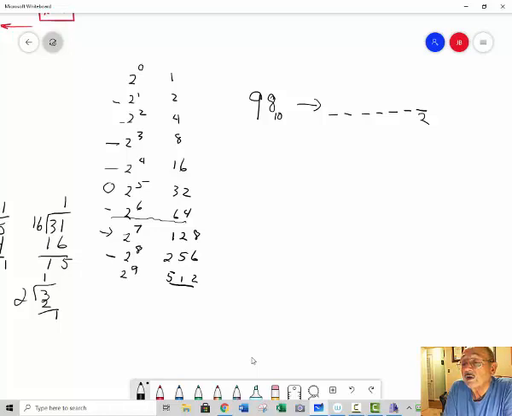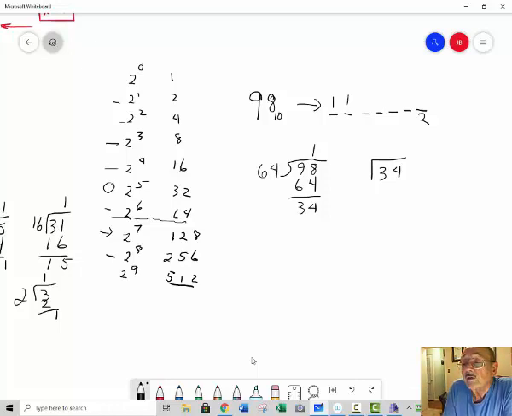Alright, so now the question is how many times will 64 go into 98? Well, it better only go one time. So I get a 2 to the 6 right there. What's the remainder? The remainder is 34. I want to divide it. What's the biggest number that will divide into it? Well, 32.